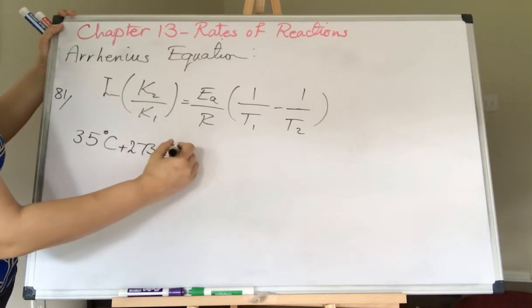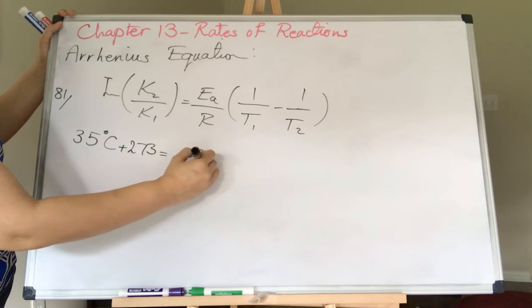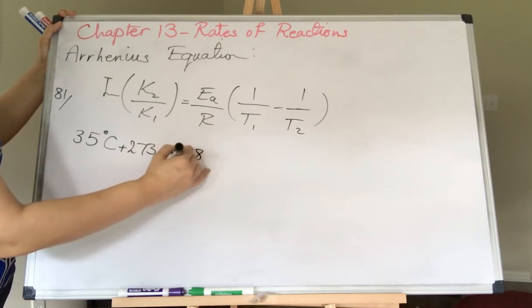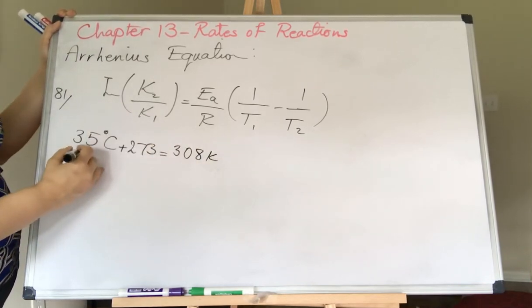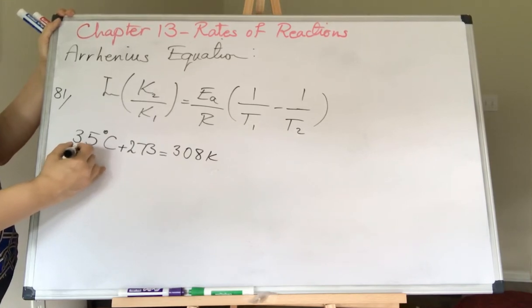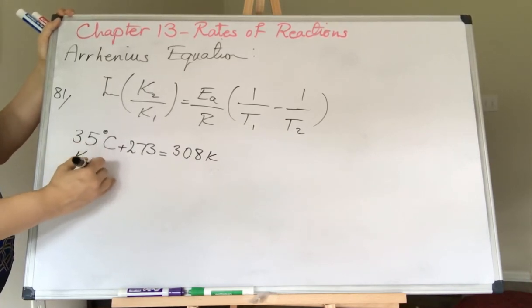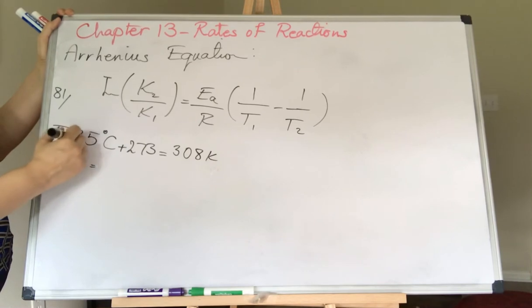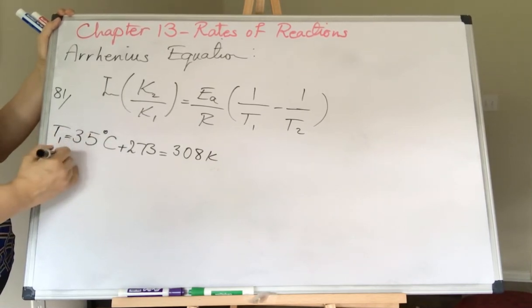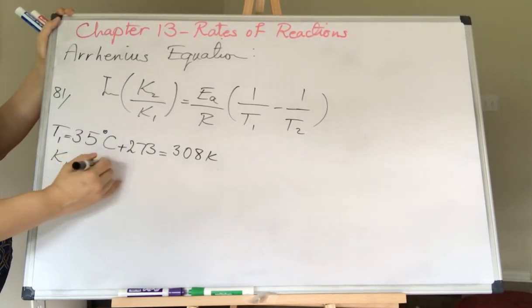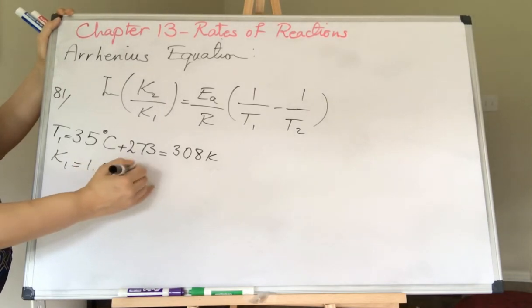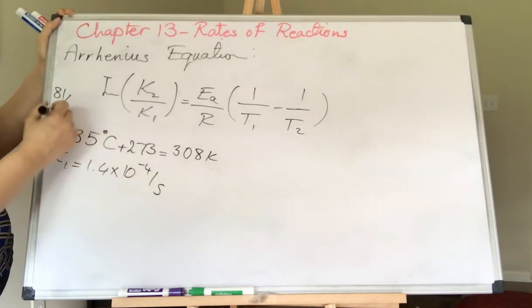It would be 308 Kelvin. And what else do we have? We have rate constant here. K1 is, that was T1. K1 is 1.4 times 10 to negative 4 per second.